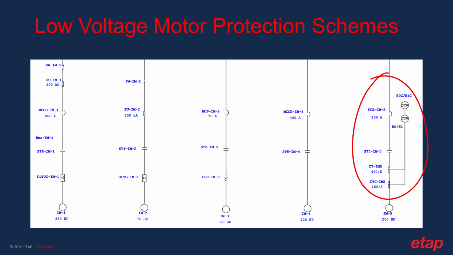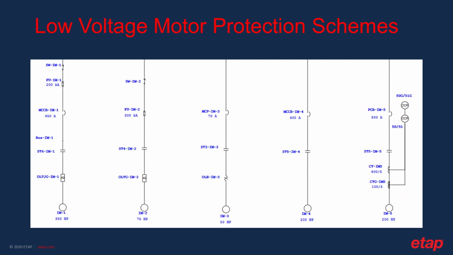In this case, you would have CTs for the phase and for the ground together with the starter, and your phase and ground protection element would send the signal for opening of the breaker in case of a fault. This is a low voltage breaker which can have a shunt trip initiated or tripped by these two relays.